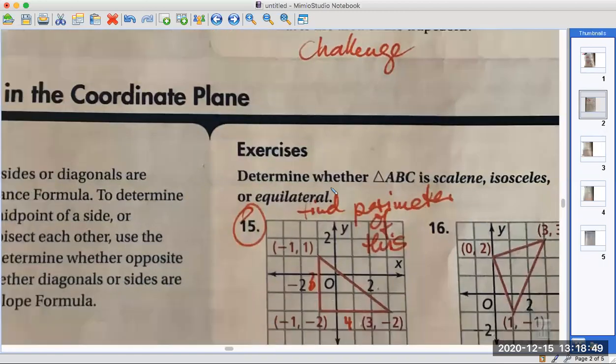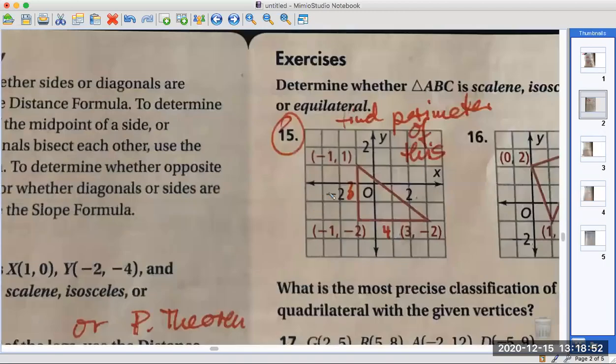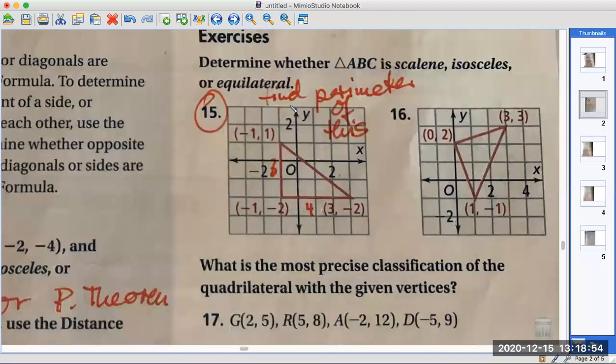Okay. Then we have coordinate geometry. Anytime you see a coordinate plane, you have coordinate geometry. And I only threw this one in there because there's a question on the final where you have to find the perimeter of this triangle. So it's not the question, is it scalene, isosceles, or equilateral?